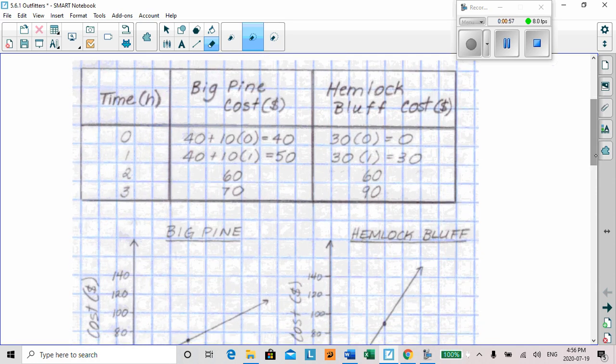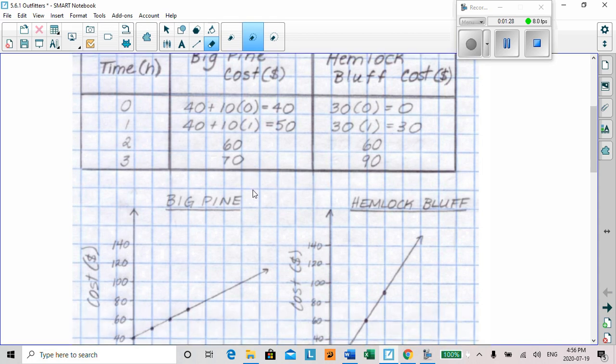So he has his time, goes from 0 to 3, and then you can see where he calculated, all right, if he goes for 0 hours at Big Pine, it's $40. If he goes for 1 hour, it's $40 plus 10 times 1 for 1 hour, so it's $50. 2 hours would be another $10, so that would be $60. And 3 hours would be another $10, so that would be $70.